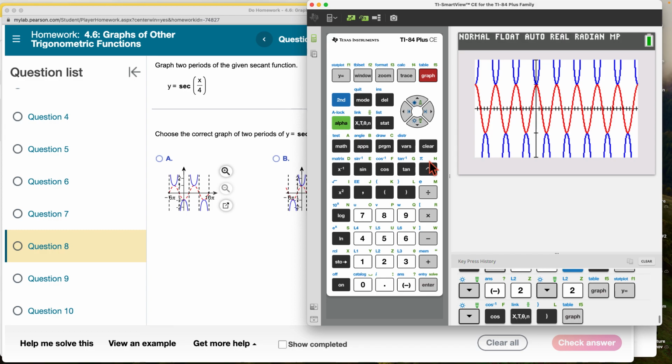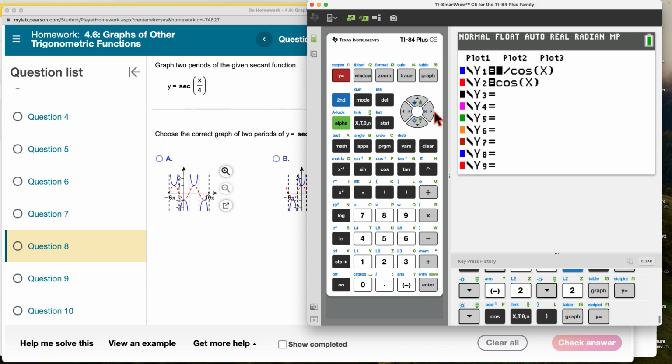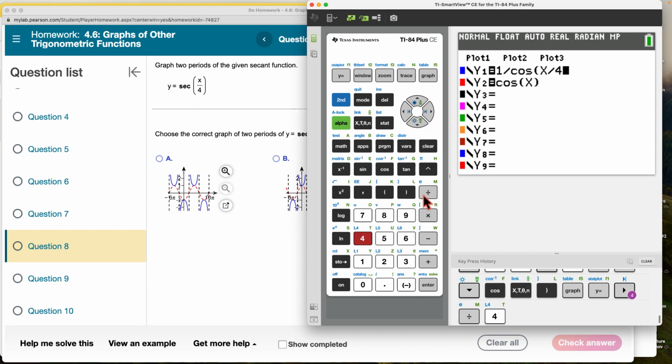Where the cosine equals 0, we get asymptotes, and where the cosine was at 1, we get that flipping. That's where we get the U shapes. Okay, so you can see that. And then this one wants secant of x over 4. So I do cosine of x divided by 4.